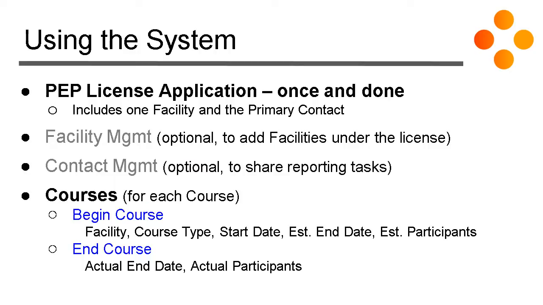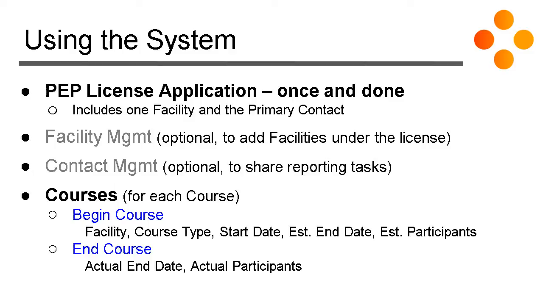It all begins with the license application. Applications are reviewed and usually approved by TPRF, and one approved license covers all the courses at all of that licensee's facilities. The application sets up one facility and one primary contact, so facility management and contact management are both optional.